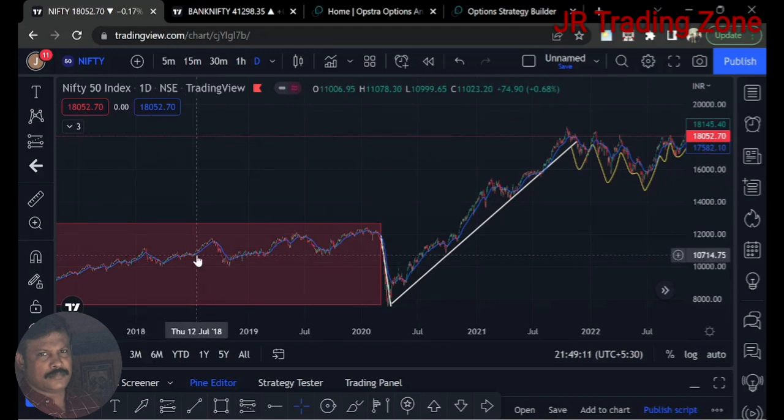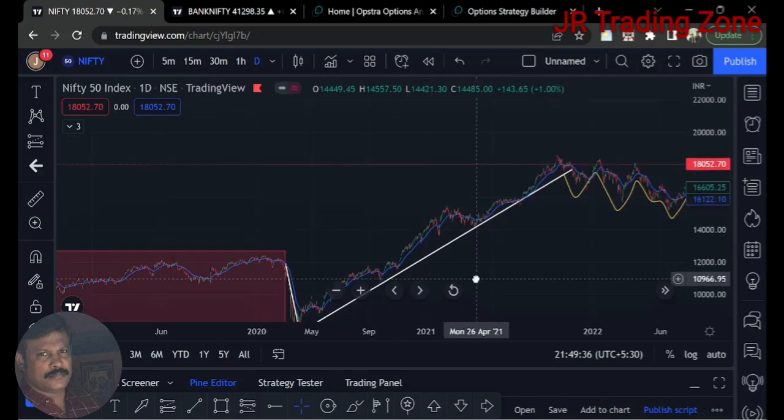There are no gaps, no violent moves. The market is making only a move of 100 or 150 points, rarely. So a non-directional option seller making a simple strangle is able to make excellent, beautiful returns.